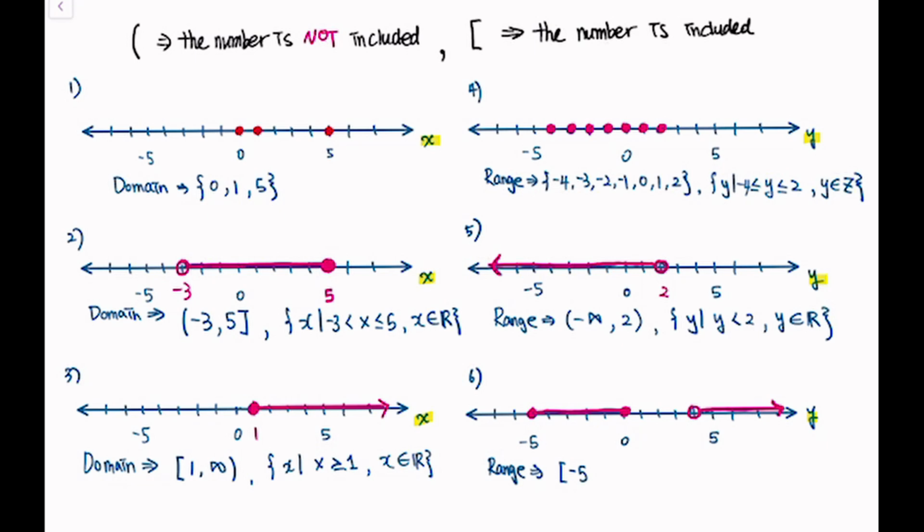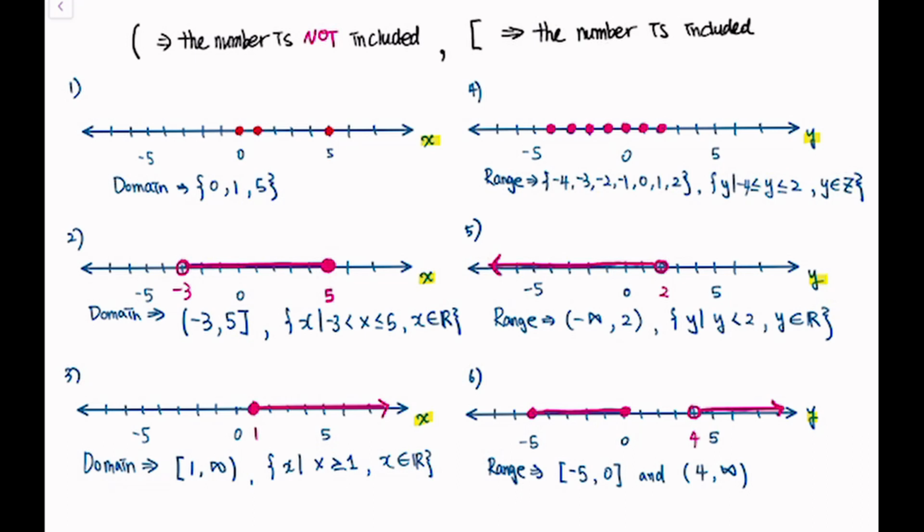So -5 to 0, and we include the 0. And the next line starts from 4 here, and it does not include the 4. So we use the regular parenthesis, and it starts from 4 all the way to positive infinity. And again, when we use infinity or negative infinity, we do not include infinity as a number, so we use the regular parenthesis.